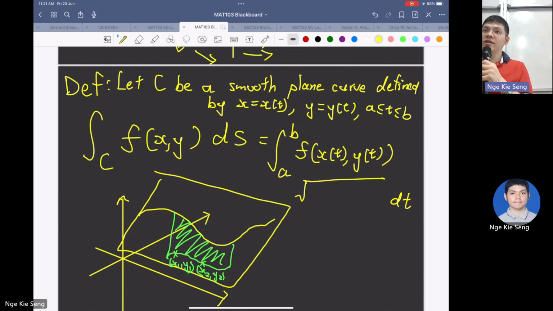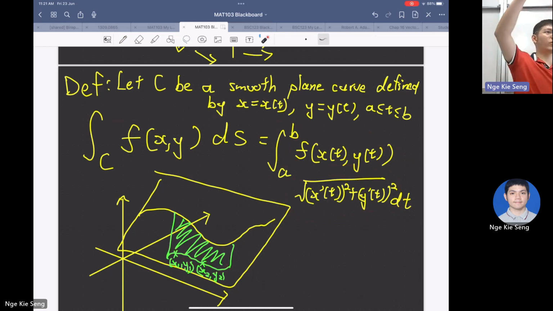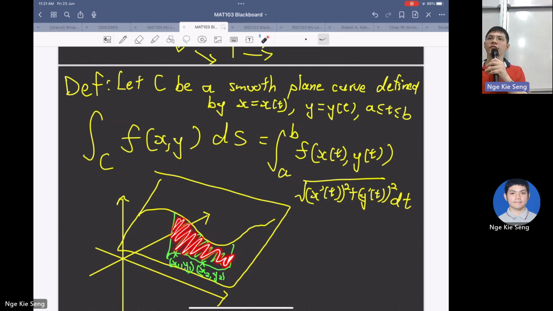The factor here is similar to the Pythagoras theorem, but using x prime t and y prime t, take their squares and take the sum. This part accounts for the length of the curve, and this part tells you above each point what the weight is. Altogether, you compute this fan, or the fence, or the curtain.